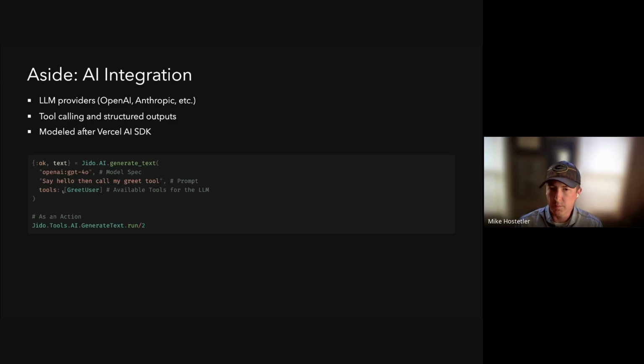These direct methods, the generate text method, this is the API surface that just comes with the module, but then obviously this is available as an action as well. So this is how your agents call an action, or you could write your own LLM action and utilize the generate text method, depending on how you want it.